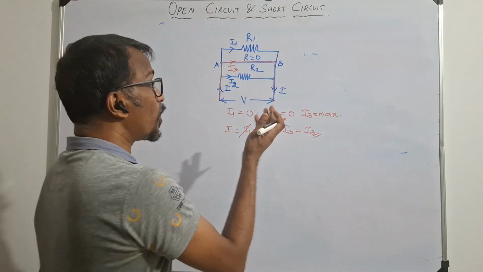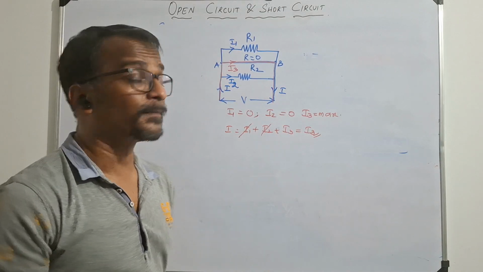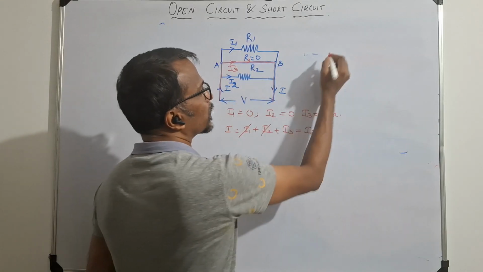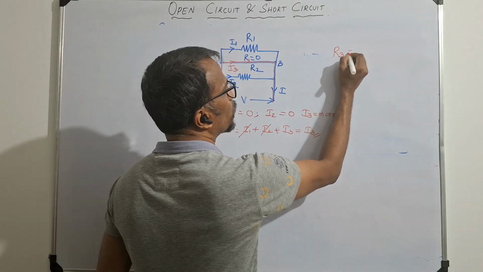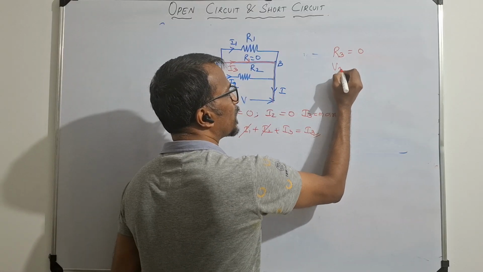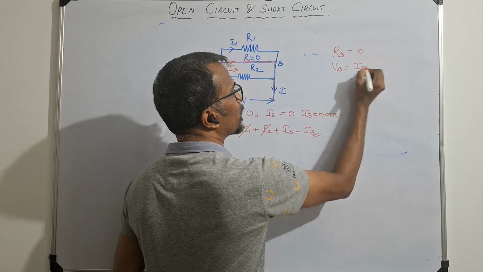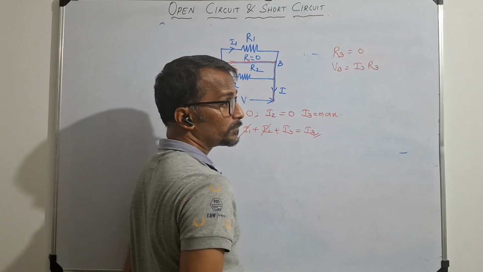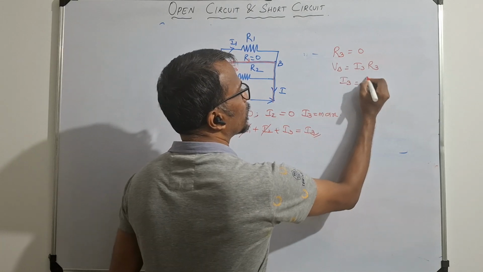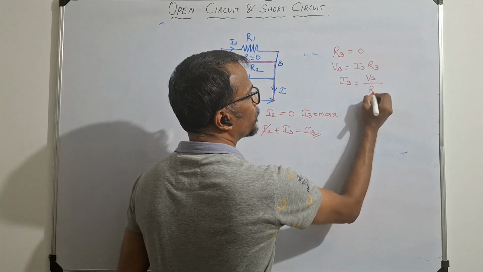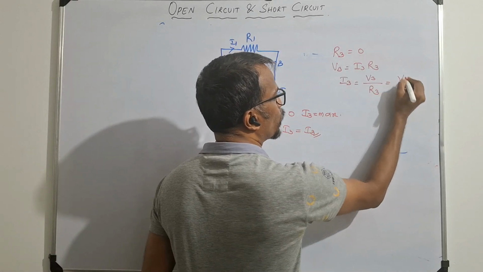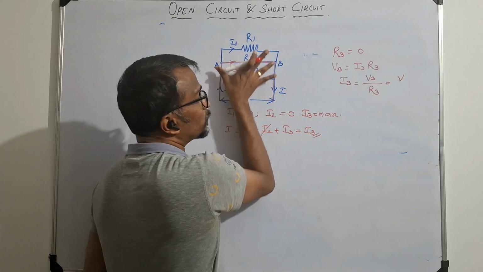Okay. If you want to do it mathematically, assume this resistance is R3, and R3 equal to 0. So the branch voltage V3 equals I3 into R3. Now we know I3 equals V3 divided by R3. V3 is the same voltage, right? In a parallel connection the voltage is the same.